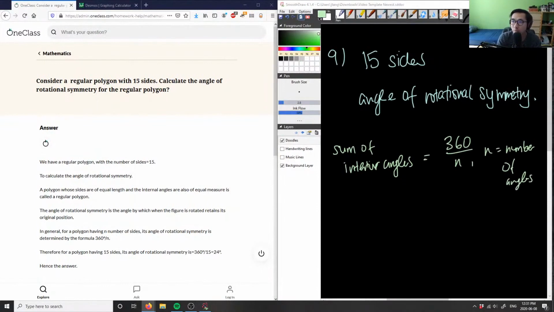So that's kind of our formula for the sum of interior angles in a polygon.